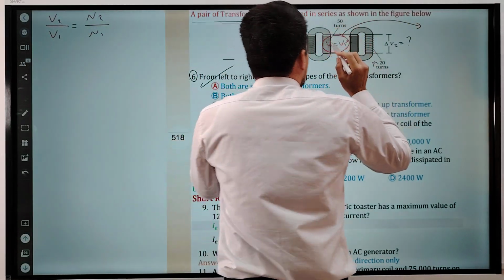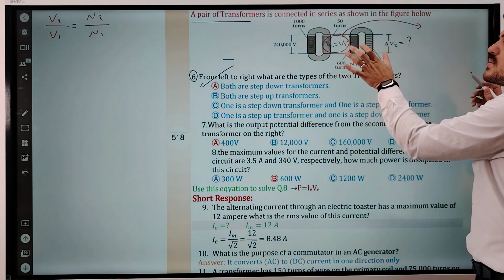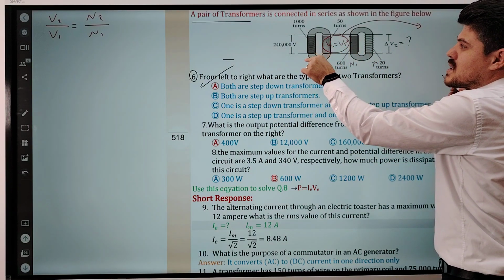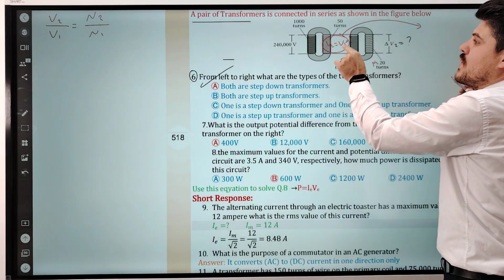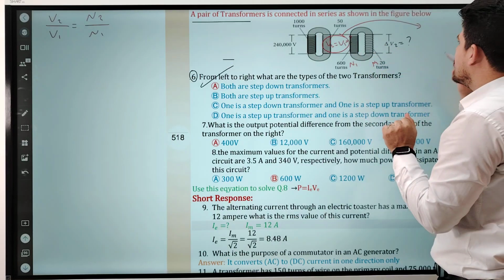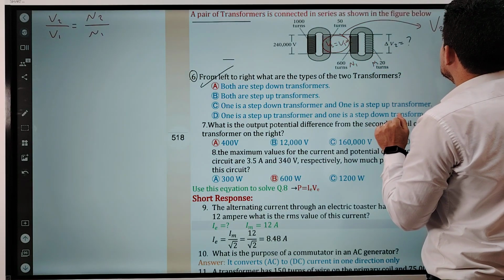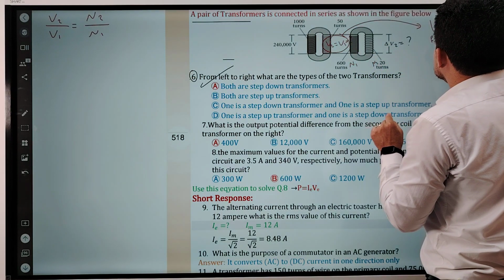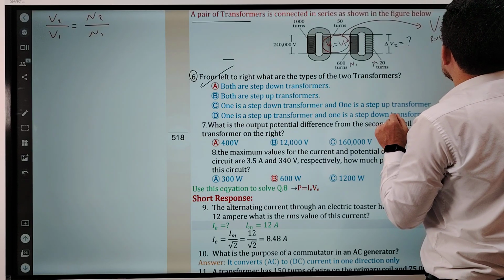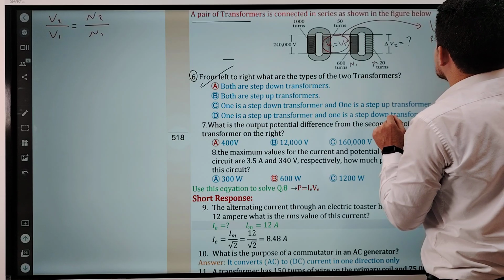In this question, how many transformers do we have? We have 2 transformers. The output potential difference for the first transformer has the same value as the input potential difference for the second transformer, which means that V2 of the first transformer is equal to V1 of the second transformer.